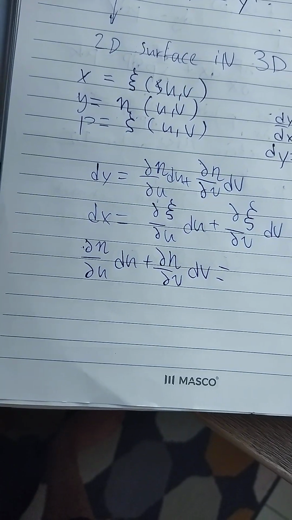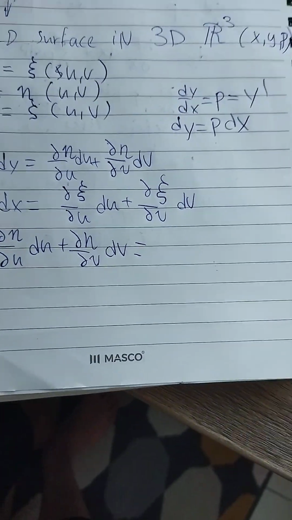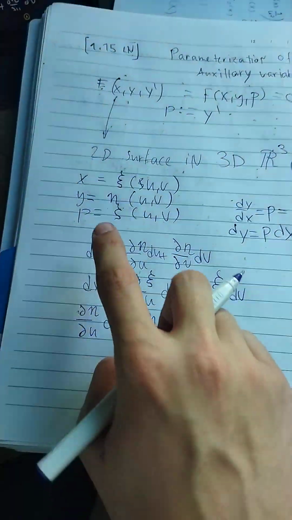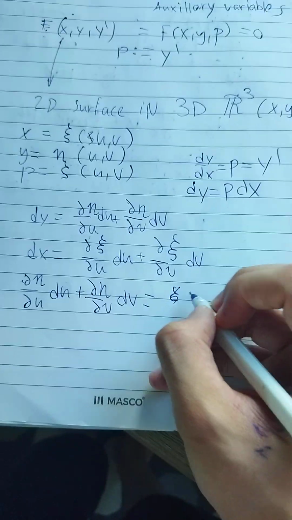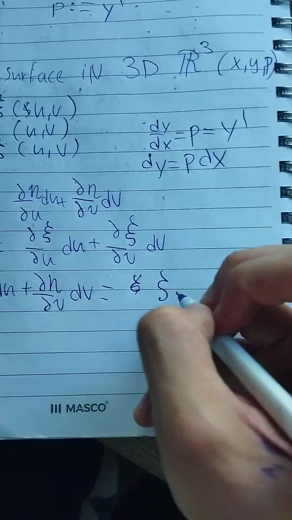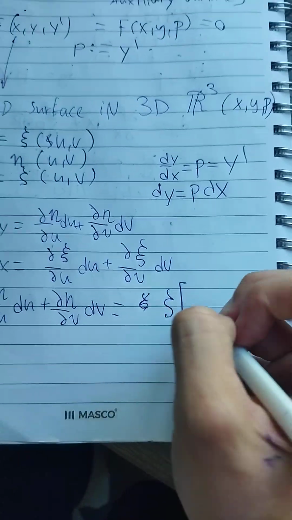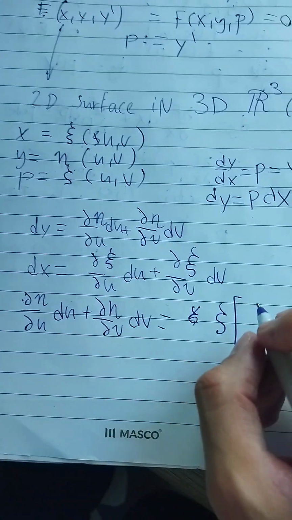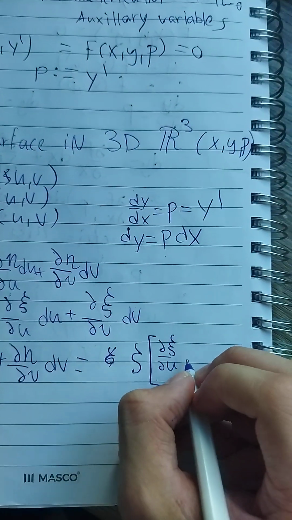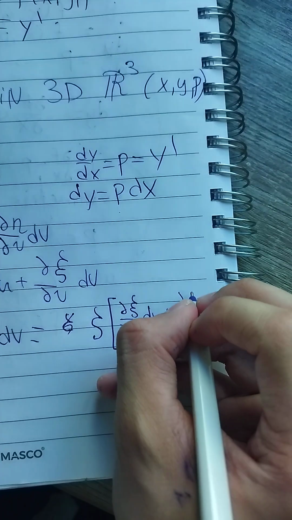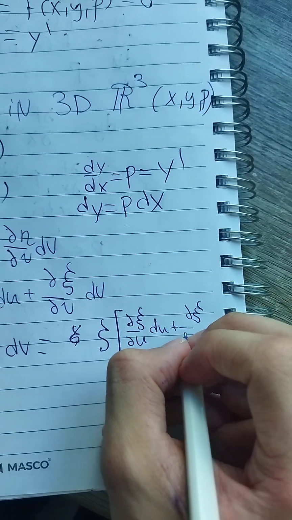That one is called zeta, right? So we said p is equal to zeta. So it's zeta multiplied by dx, with the dx being defined as d xi over du plus d xi over dv.